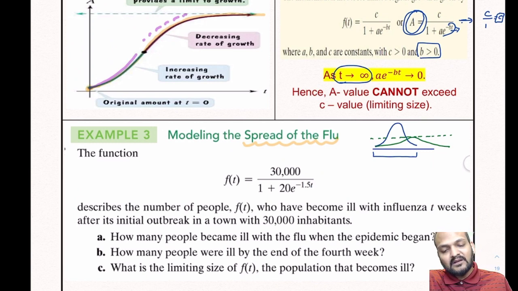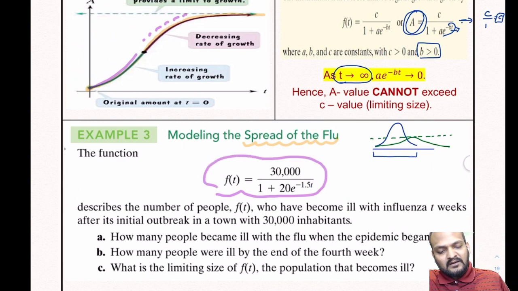So let's take a look at the modeling that we have. The very simple model, again, as I said, is f of t equals 30,000 over 1 plus 20 e to the negative 1.5 t, and that describes this particular model.